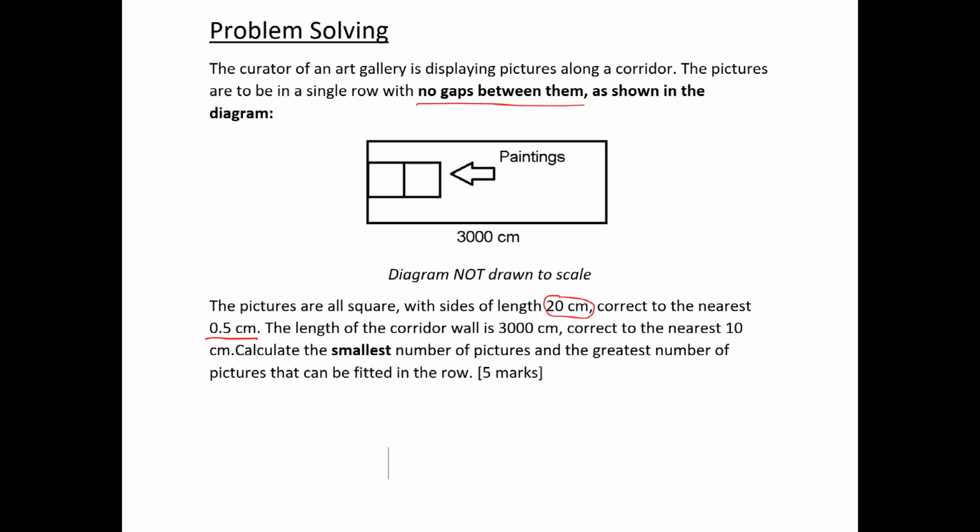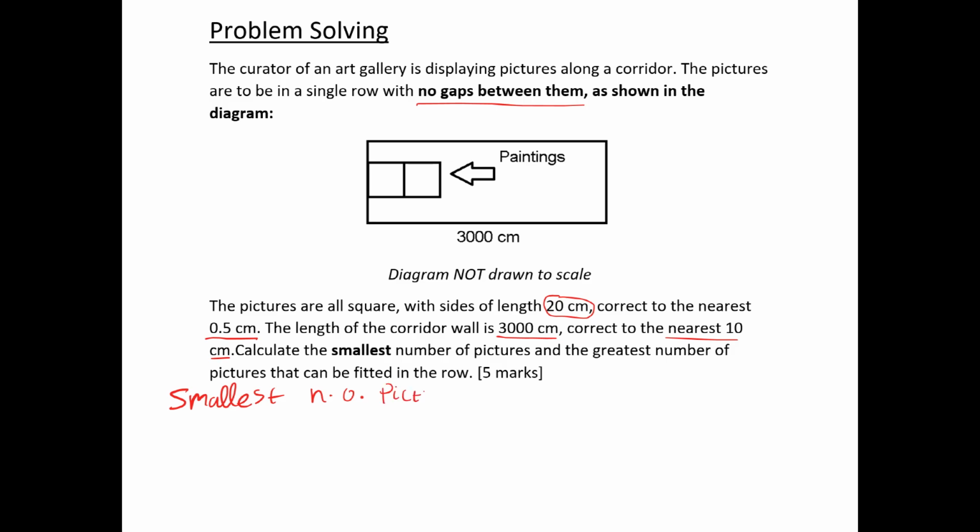The length of the corridor wall is 3,000 centimeters, correct to the nearest 10 centimeters. We want to calculate the smallest number of pictures and the greatest number of pictures that can be fitted in the row.